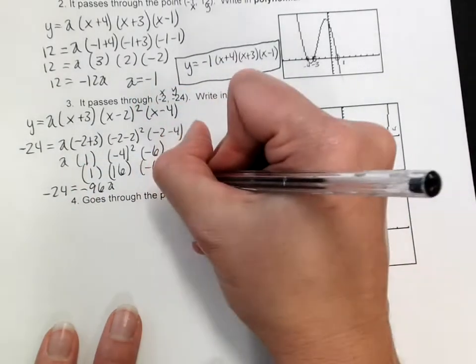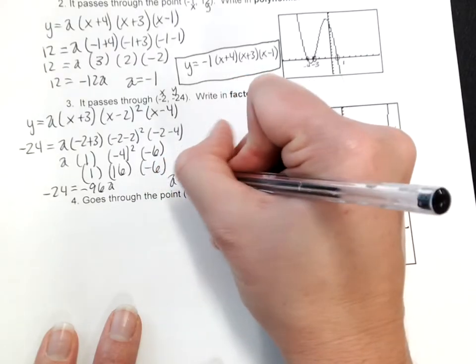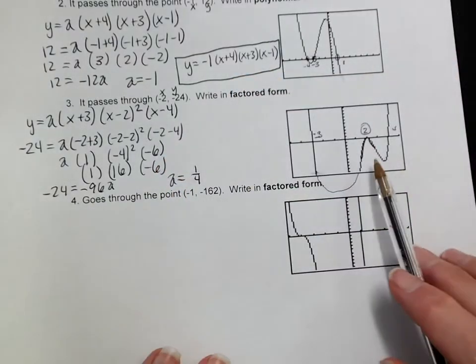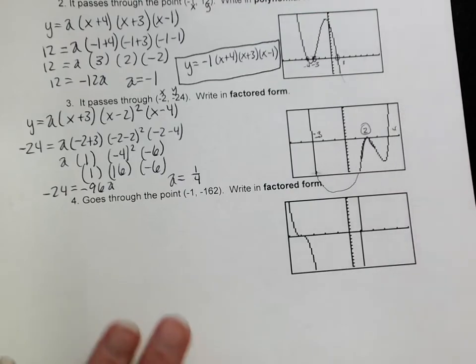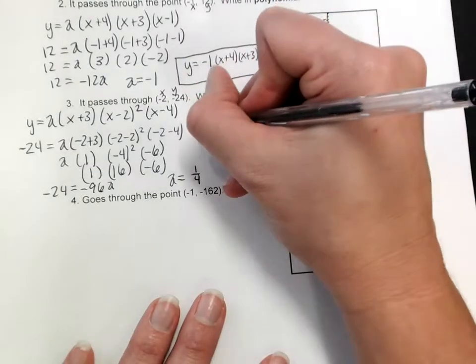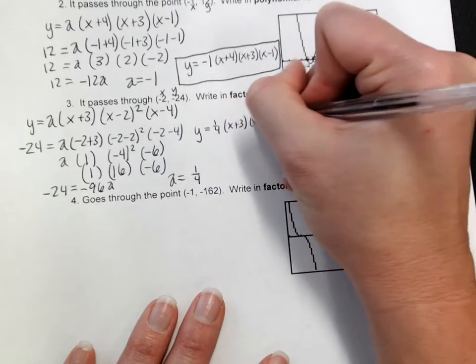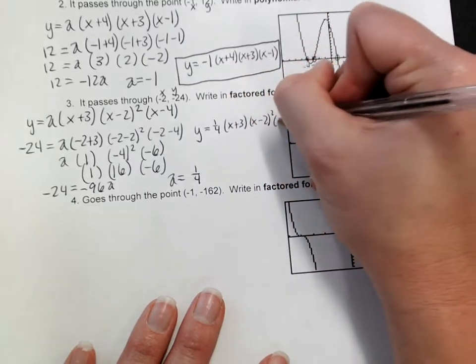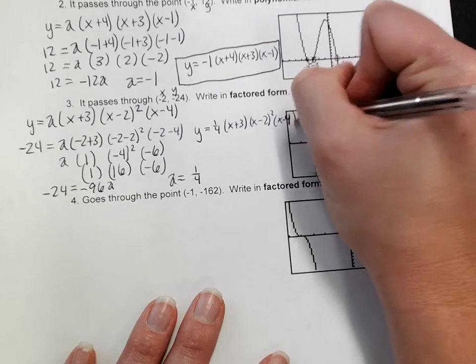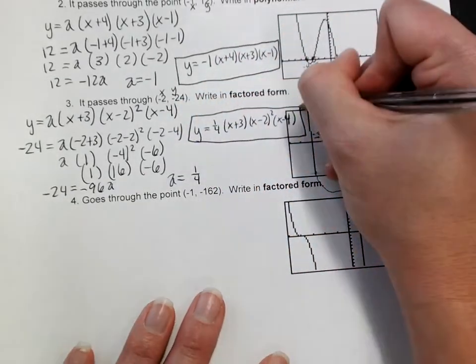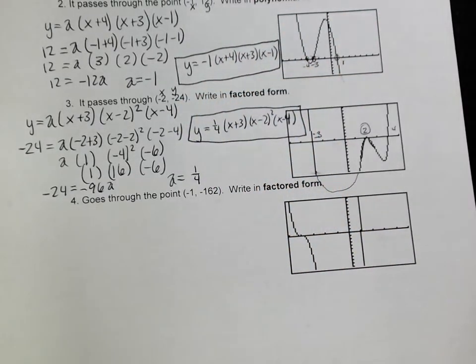When you solve that, a equals a positive 1/4. And you could tell it was positive because that makes the positive, to the 4th power graph. So y equals 1/4 times (x plus 3)(x minus 2) squared (x minus 4). And you can see that, right?